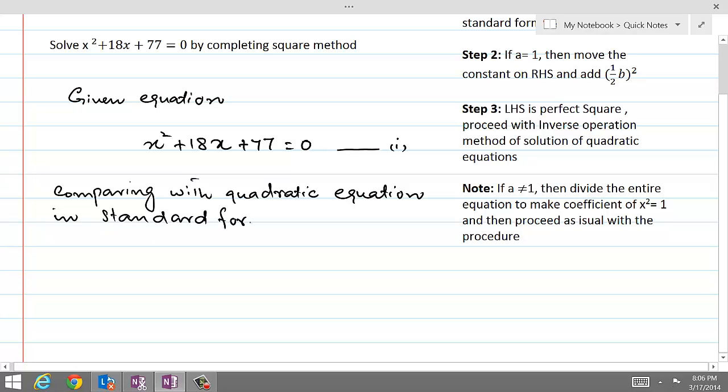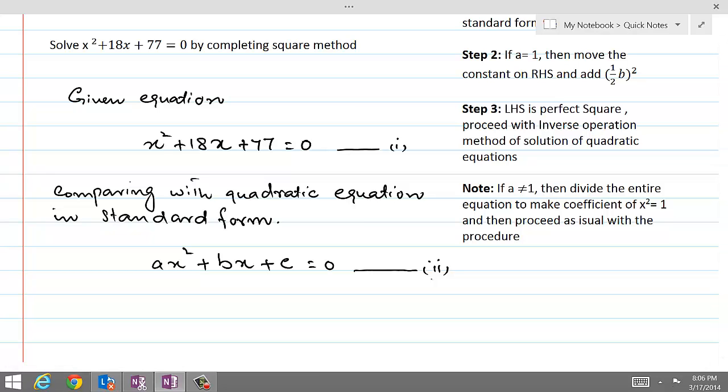So what is the quadratic equation in standard form? That is ax squared plus bx plus c equal to 0. Let's call this equation number 2. So this is our first step in the procedure.